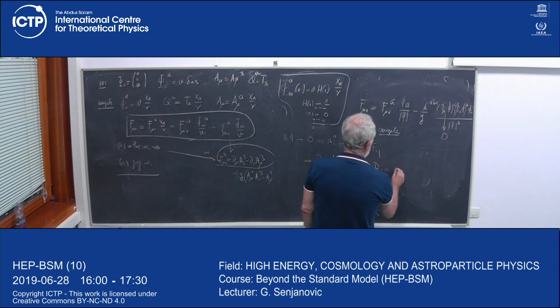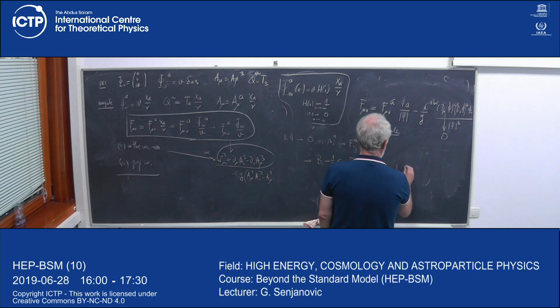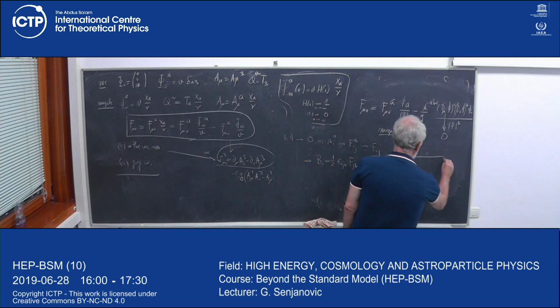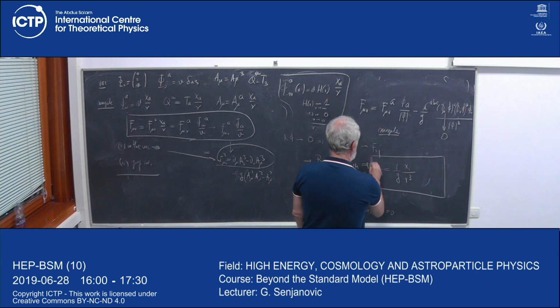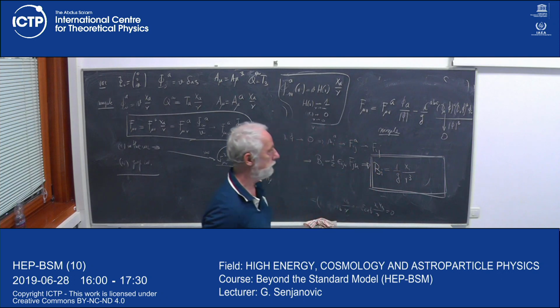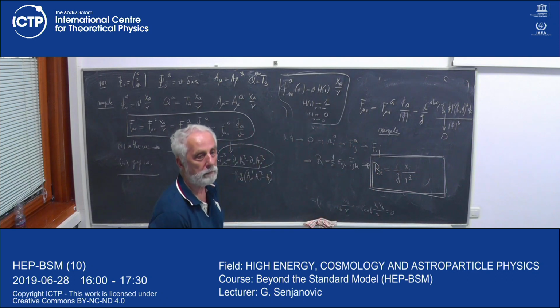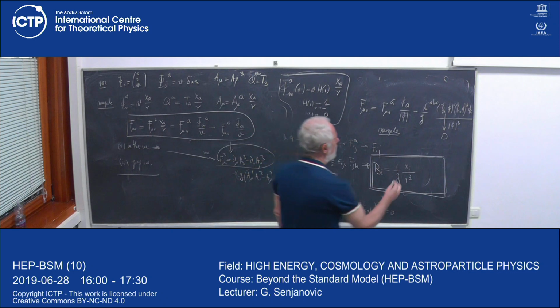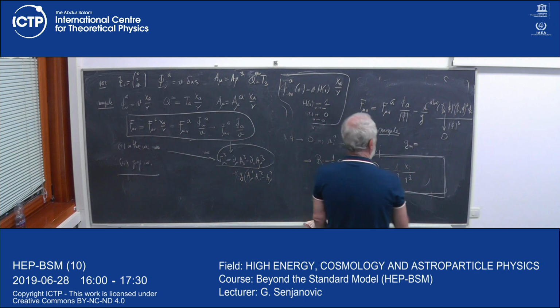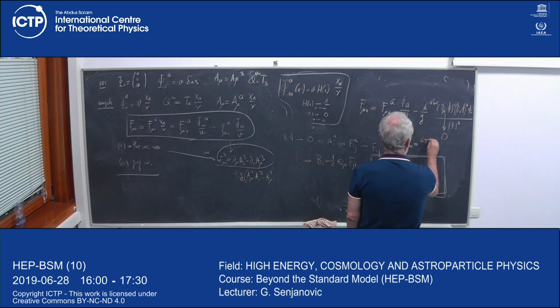B_i gets to be 1 over g, x_i over r cubed. You get the magnetic monopole charge to be equal to 4 pi over g.